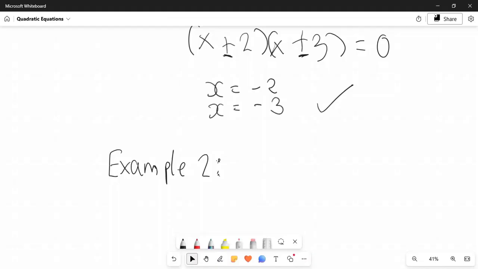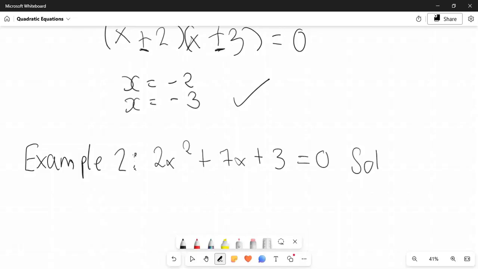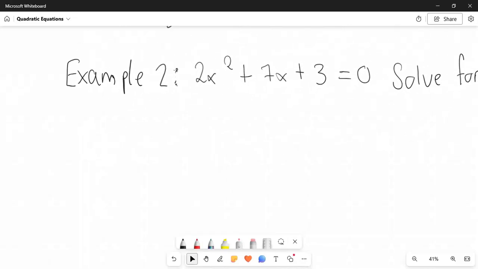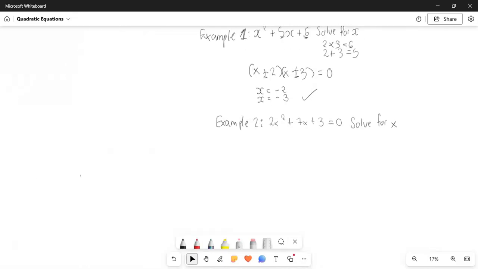You can be asked 2x squared plus 7x plus 3 is equal to 0. Solve for x.